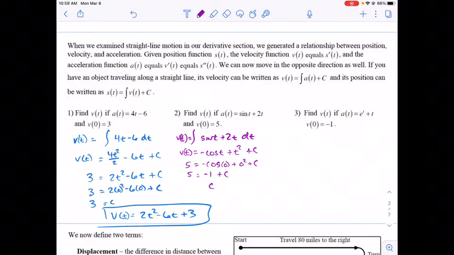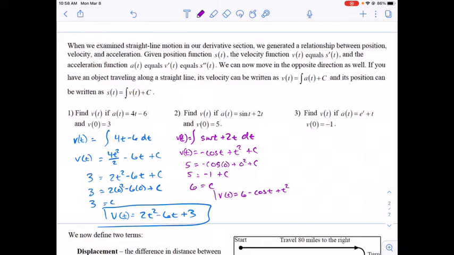Add 1, and c is going to be equal to 6. So therefore, our velocity function is equal to 6 minus the cosine of t plus t squared, and we've got our c over here at 6.